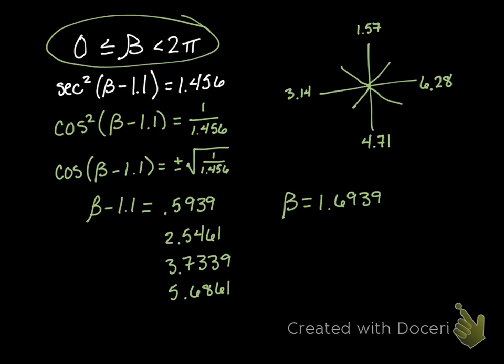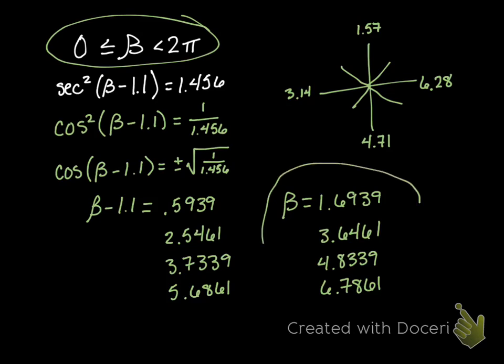Okay, 1.1 plus our second angle, it's going to be 3.6461. 1.1 plus our third angle is 4.8339. And 1.1 plus our fourth angle, 6.786. Make sure you're checking these, make sure I'm doing them correctly too. I'm going kind of quickly in case I mistype something, but these are our angles for beta now.